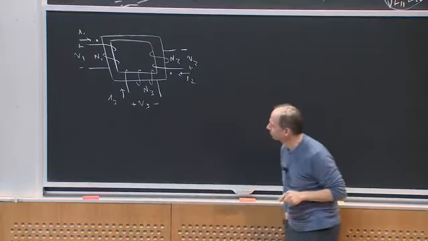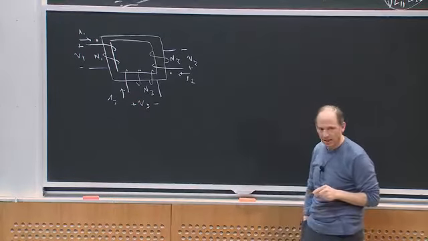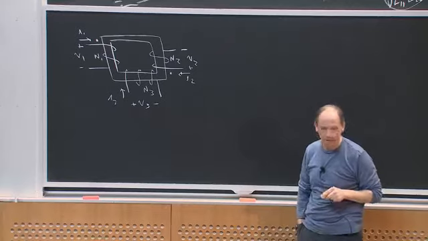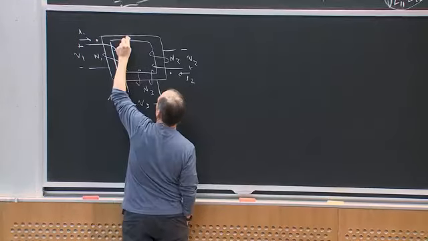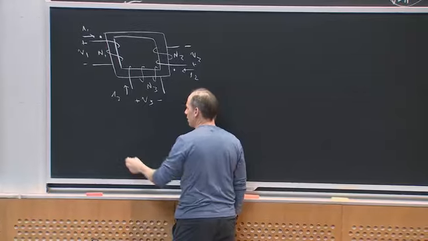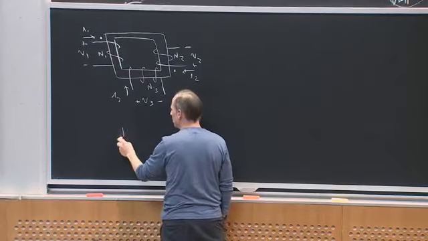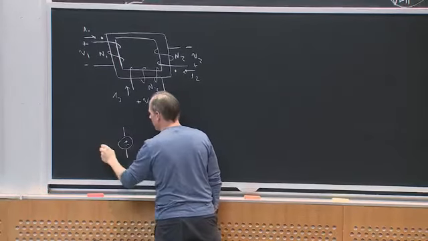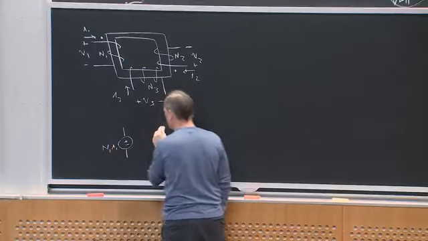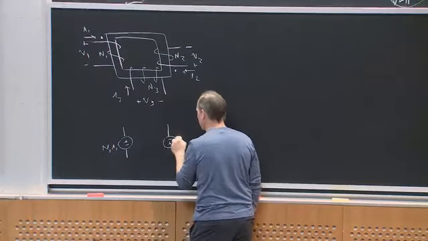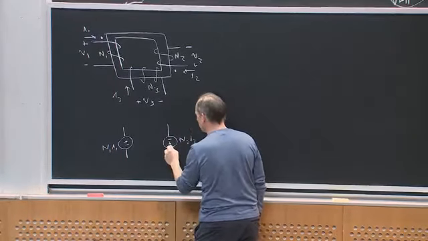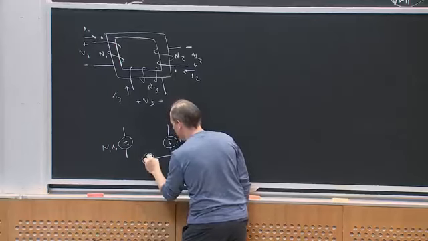Okay? Well, what would be the magnetic circuit model for this thing? If this had some reluctance of the core, it would look like this. I would have N1I1, N2I2, and N3I3.